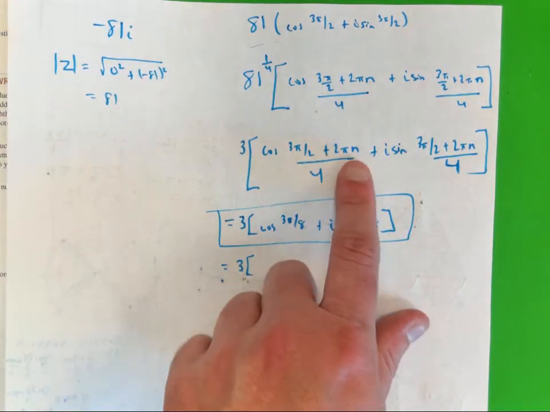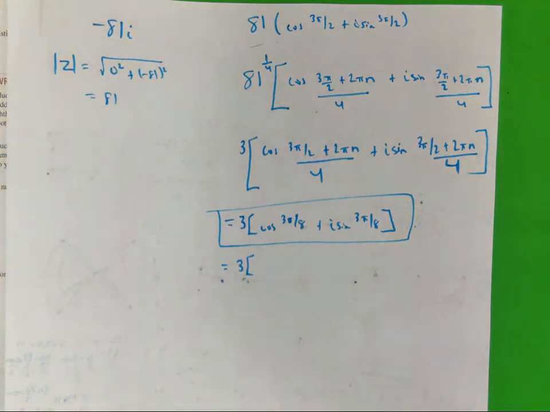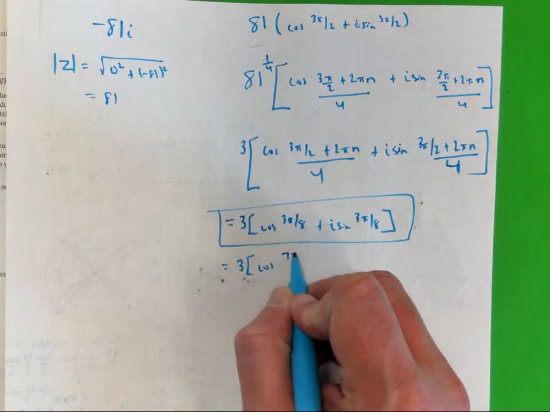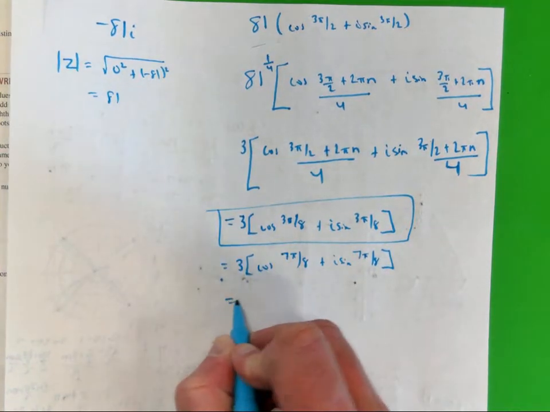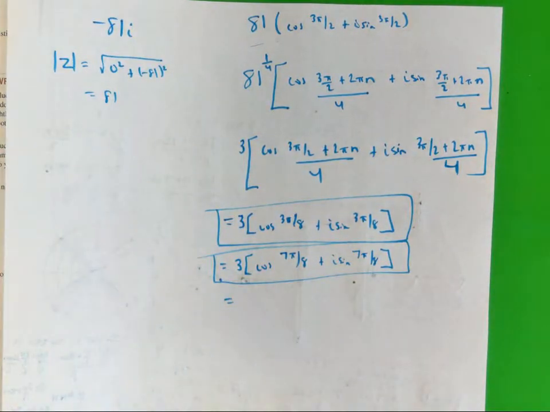Next, I'm going to plug 1 in. 1 times 2 pi is 2 pi. 2 pi plus 3 pi over 2. So I'm going to say 2 plus 3 halves, which would be 7 halves. Very good. Now 7 halves divided by 4 would be 7 pi over 8. What did you do to get 7 pi over 8 again?